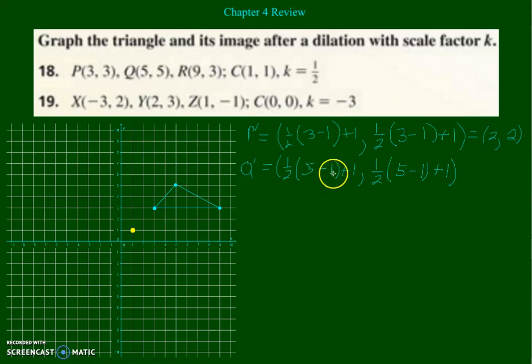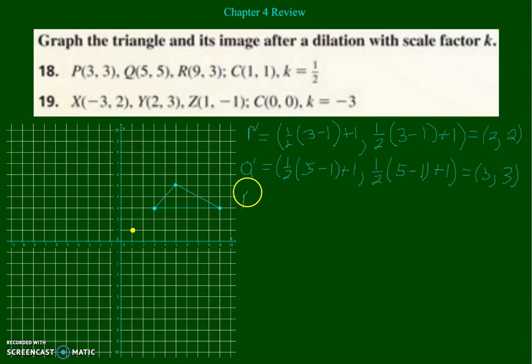So this gives us 5 minus 1 is 4, divided by 2 is 2, plus 1 is 3. And then 5 minus 1 is 4, divided by 2 is 2, plus 1 is 3. That gives us our Q prime.